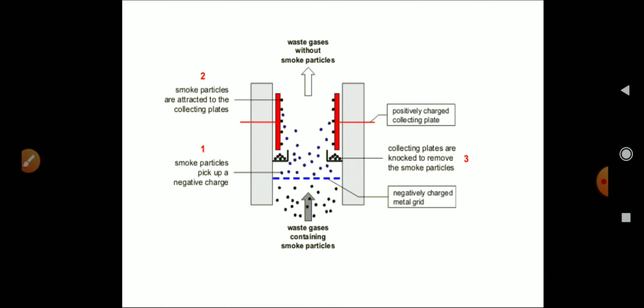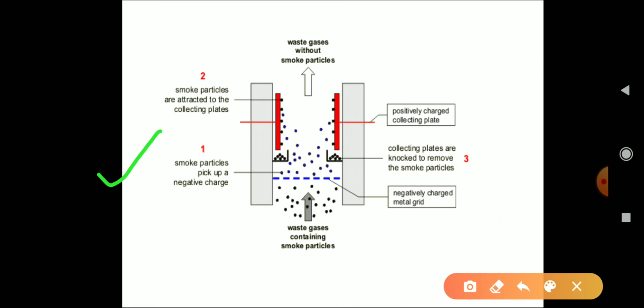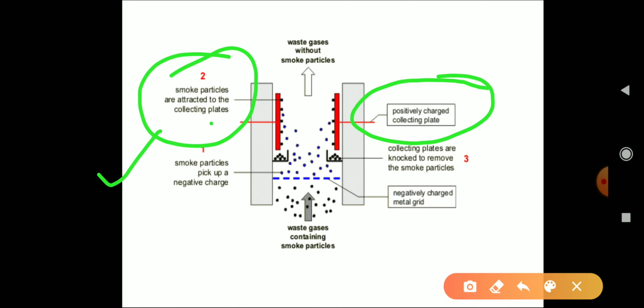This is another pictorial depiction of how it behaves. In the first process, the smoke particles pick up a negative charge. Smoke particles are attracted to the collecting plates. Why? Because these collecting plates are given a positive charge.